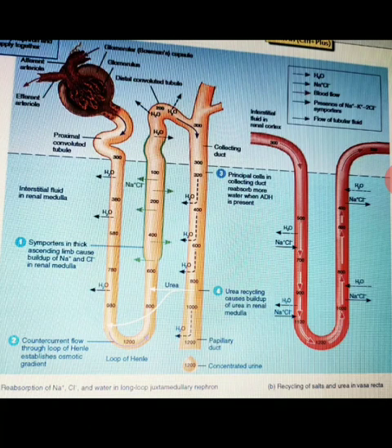At the junction of the medulla and cortex, the osmolarity of the tubular fluid has fallen to about 100 milliosmoles per liter. Overall, tubular fluid becomes progressively more concentrated as it flows along the descending limb and progressively more dilute as it moves along the ascending limb.